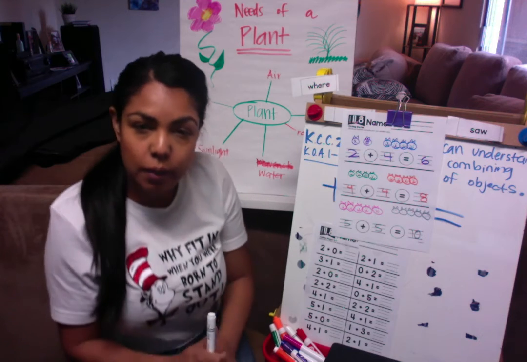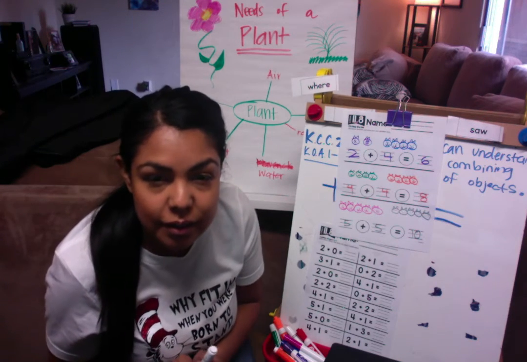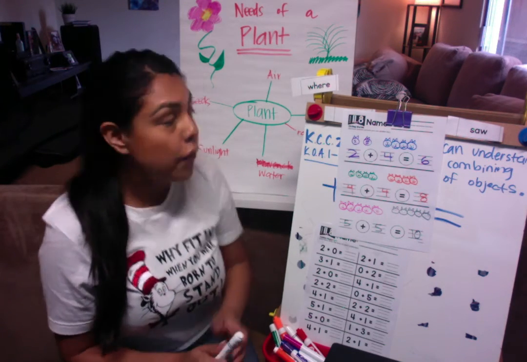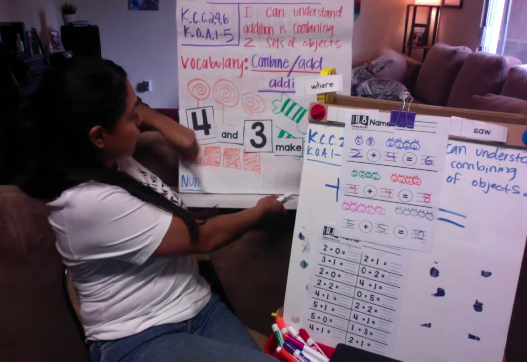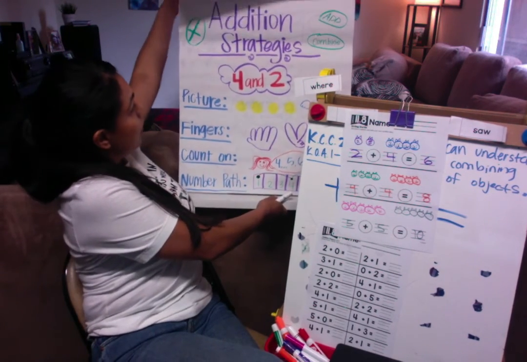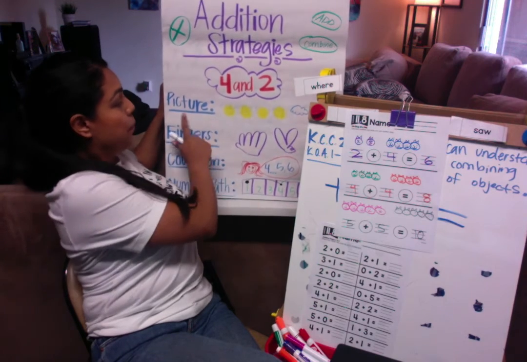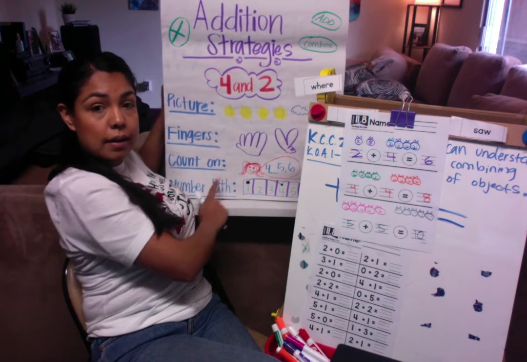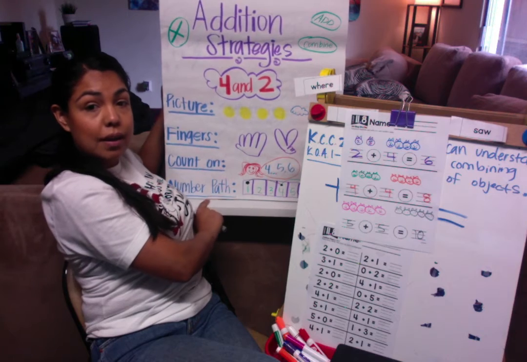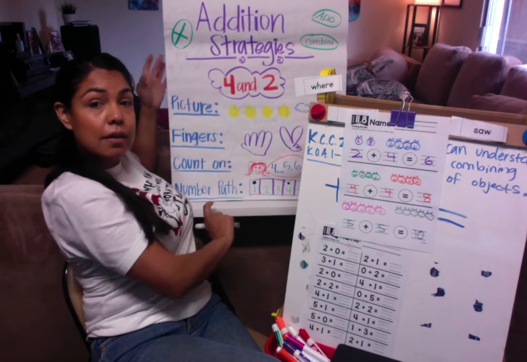Marissa, can you help me with a math strategy? Remember, if you guys need to see your math strategies, they're right here. We have pictures, we can do fingers, counting on, and we can do number path. Okay, which one do you want to use, Marissa?